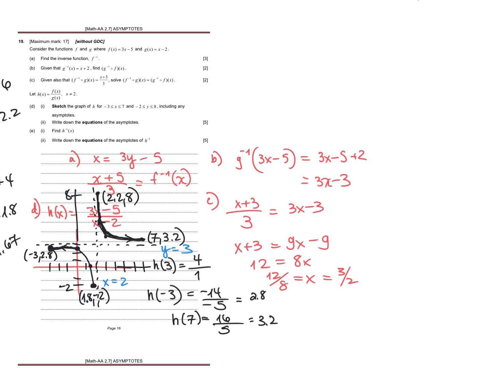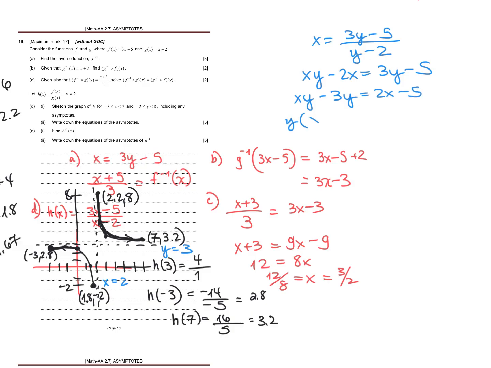Okay, so our function was, so we have x equals 3y minus 5 over y minus 2, cross multiply. Get y on one side. Factor it out.